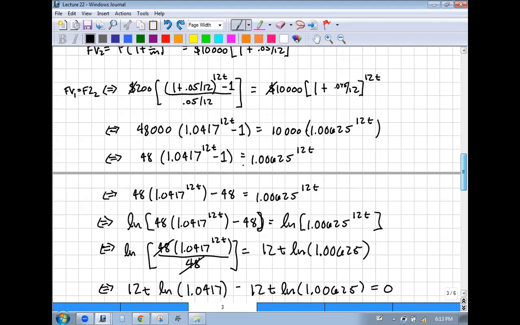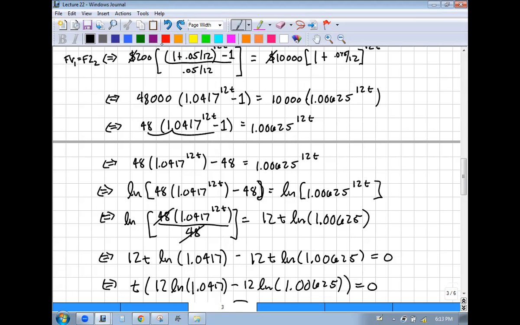All we've done in here is just the logs, like in this example, from here to here. We just set the future values equal to one another. We're solving for time. The time shows up twice. We divided both sides by 10,000. That's math from in here. We multiplied this guy out. We can take a natural log of both sides. That's taught in this class.